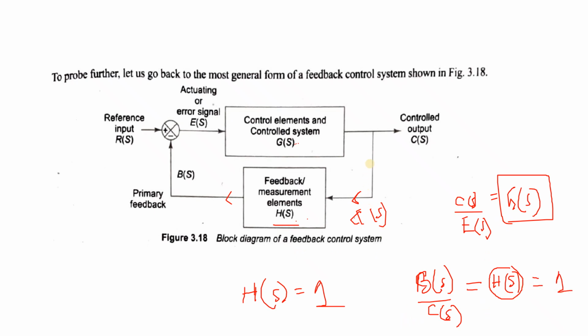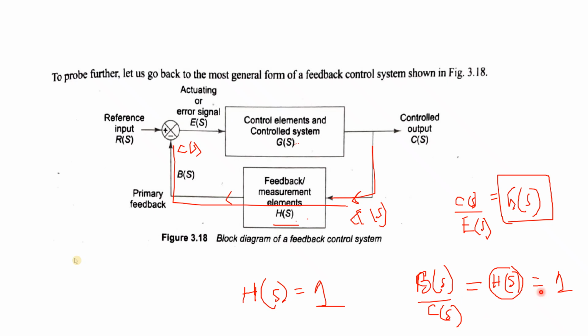Now if the feedback is 1, that means if Hs is 1, then what happens? Whatever signal is coming, it will get multiplied with 1 and sent. So Cs will actually flow. There will be no separate Bs, actually Cs will be flowing inside. So Rs minus Cs will give you Es, because if H is 1, then Hs into Cs will be Bs, so Bs equals Cs, isn't it? Are you getting my point?